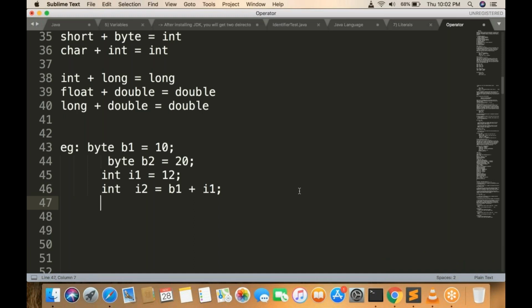Okay. Now suppose I have byte b3 is equal to b1 plus b2. Now you tell me, what is the result type?